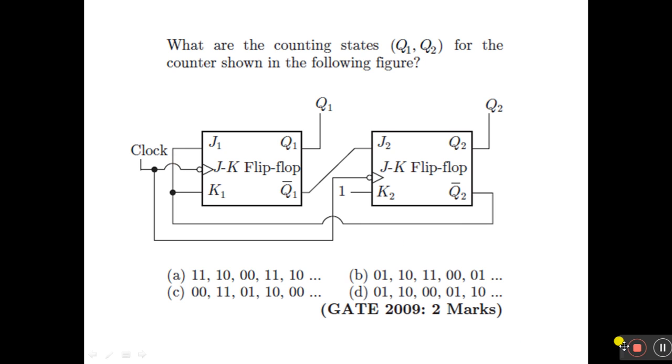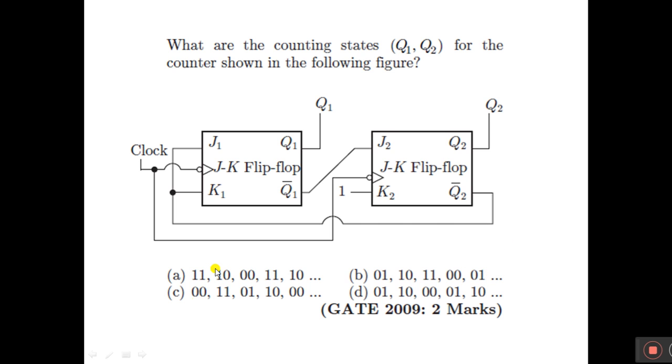They are asking what are the counting states of Q1, Q2 if I apply continuous clock pulses. The options given: 1 1, 1 0, 0 0, 1 1, 1 0, it may repeat with this state, 1 1, 1 0, 0 0, again 1 1, 1 0, or the state is 0 1, 1 0, 1 1, 0 0, again 0 1.